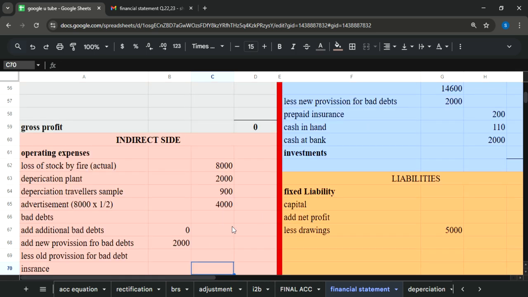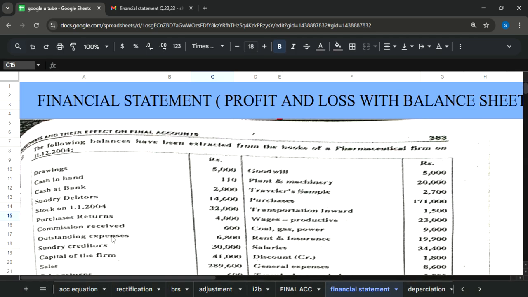Alright, after commission we have outstanding expenses. Once again, this was supposed to be present in the adjustments, but due to its presence in the trial balance, it would have only a single effect. Outstanding expenses, and we will go to the liability side.